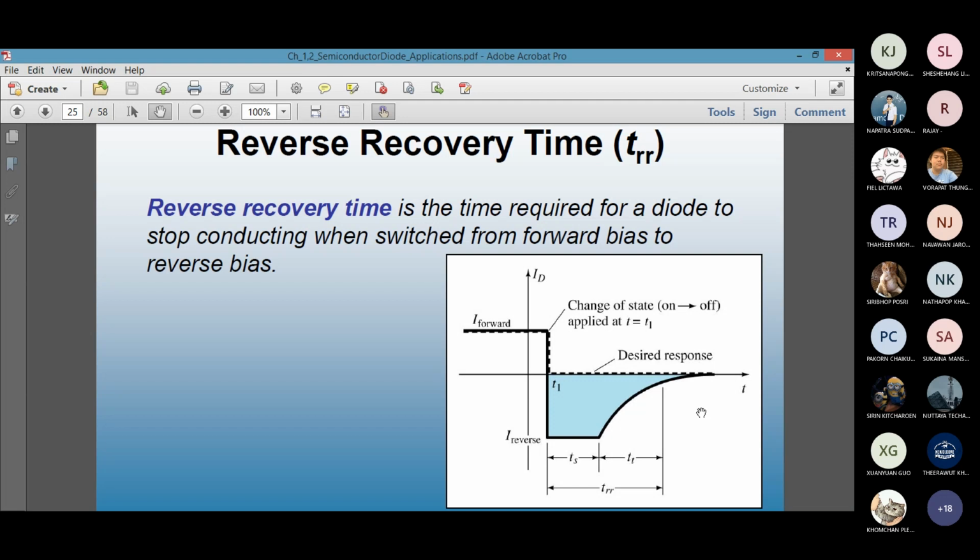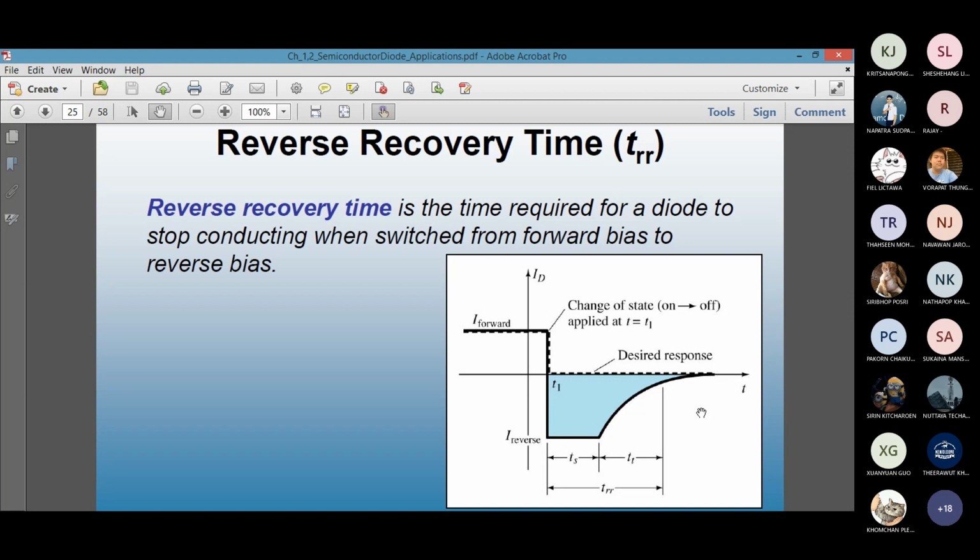When you reverse bias, the minority carriers flow, so they take some time to become the majority state in their oppositely charged materials. During that time, there is a current flow, and then that current level will drop down, and finally you will have zero.